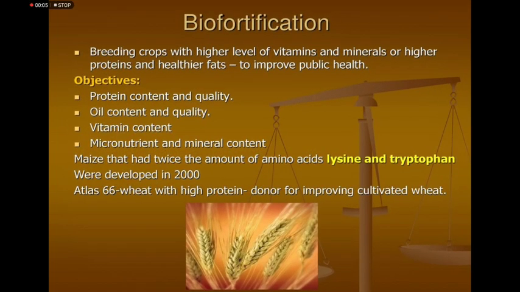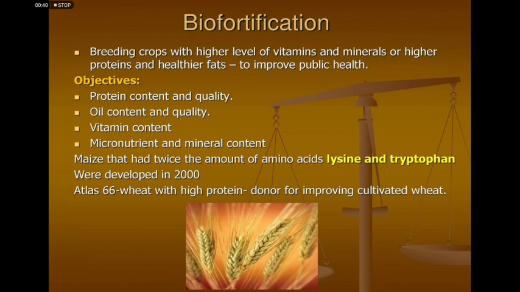Biofortification. It is breeding crops with higher levels of vitamins and minerals or higher protein and healthier fat to improve public health. Their objectives are protein content and quality, oil content and quality, vitamin content, micronutrients and mineral content. Maize that had twice the amount of the amino acids lysine and tryptophan.